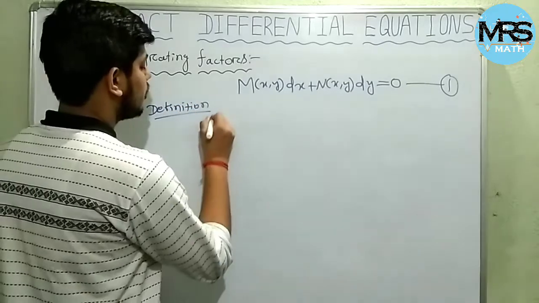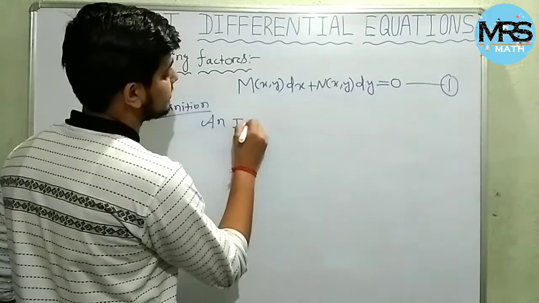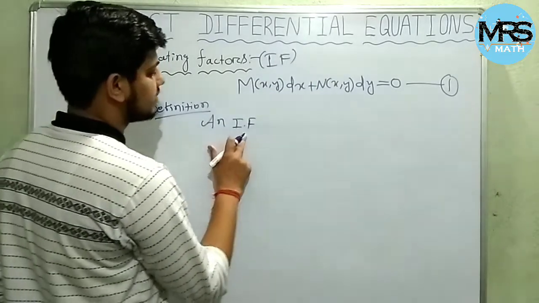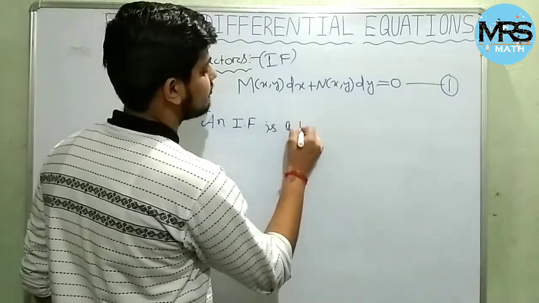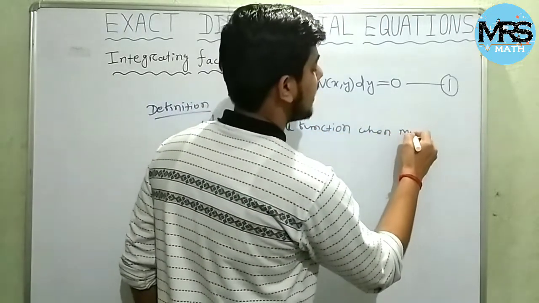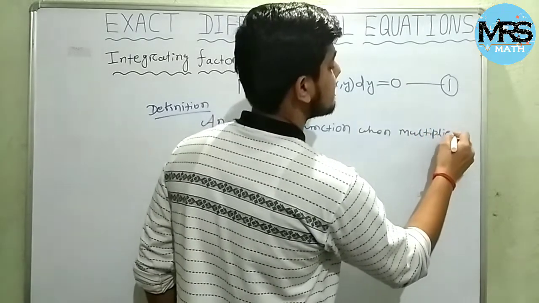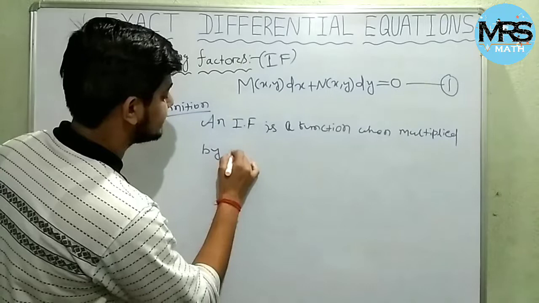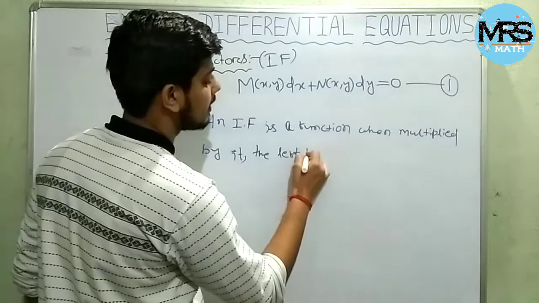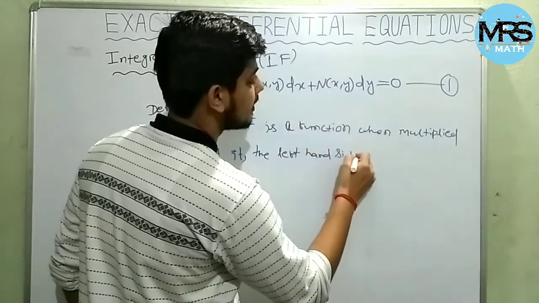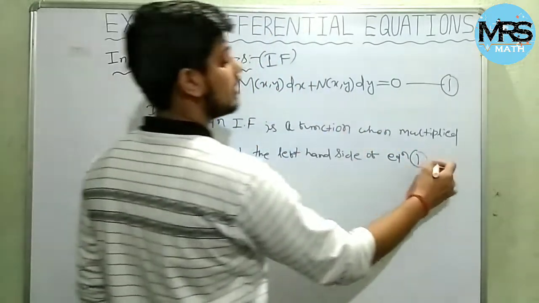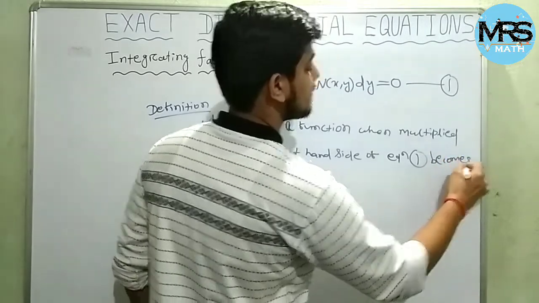An integrating factor, let us say IF, is a function which, when multiplied by it, the left hand side of equation 1 becomes exact.